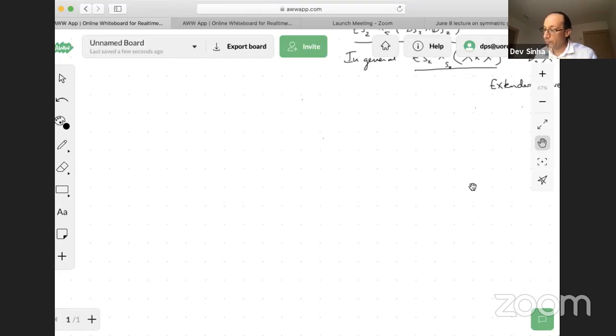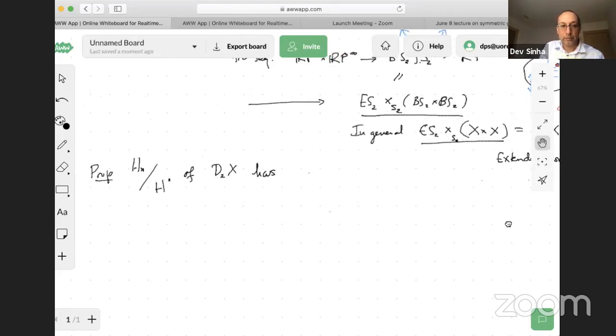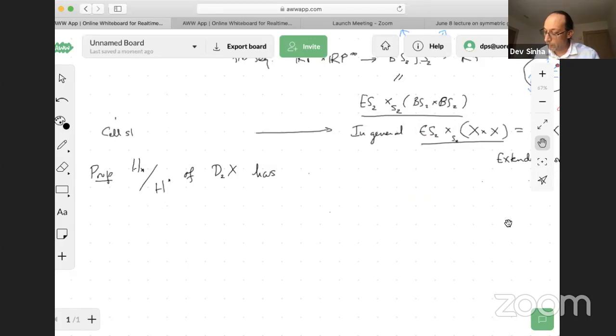So what's the general statement? And we're going to talk about both homology and cohomology of this extended power. So let's give this a cell structure. Let's assume there's a cell structure on X. We're going to take the chains, the equivariant chains, and the same thing on S infinity.